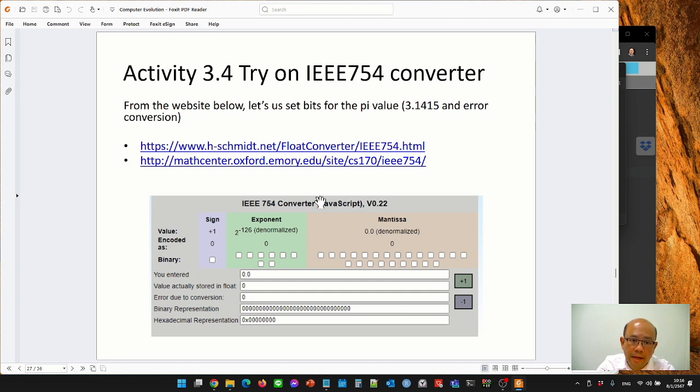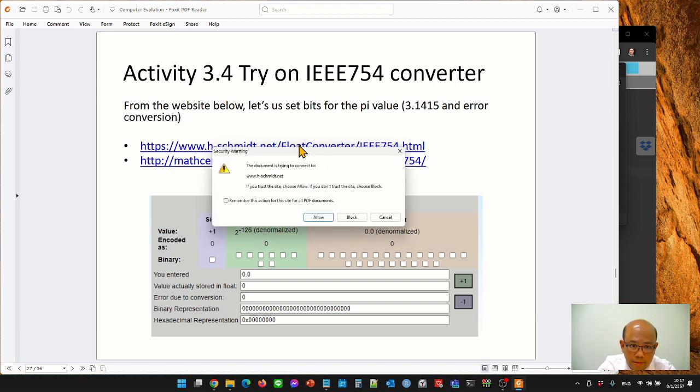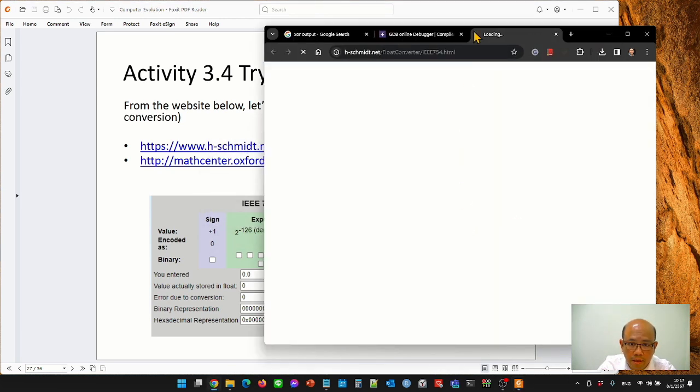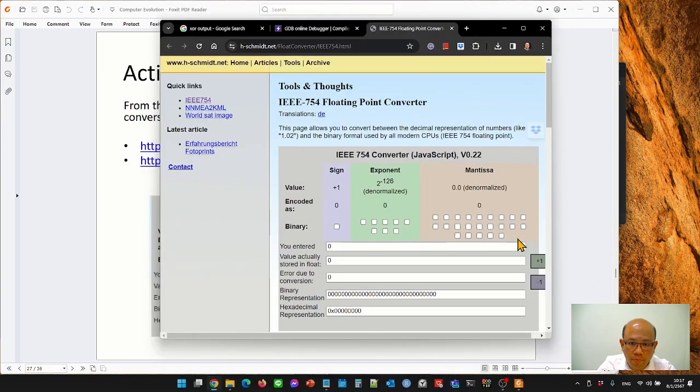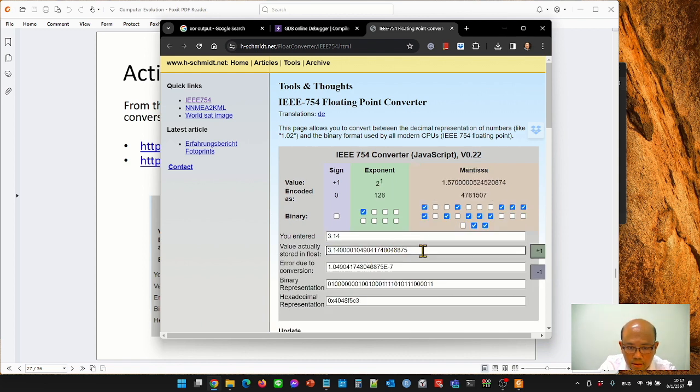You can generate values by simulation on this website. You can click here to enter the website and generate floating point values by simulation. For example, I write 3.14 and convert it to binary. This is the actual value, and here is the binary in IEEE 754 form.